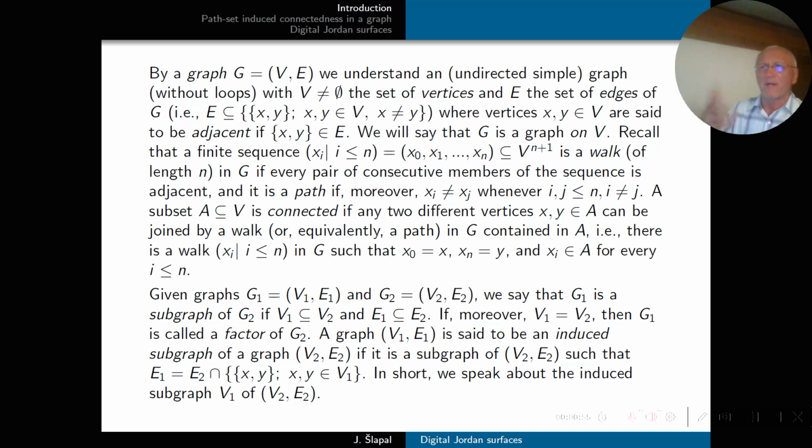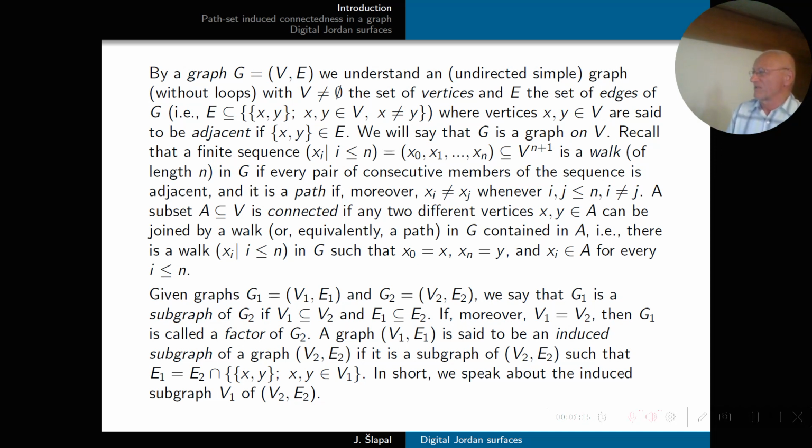The classical approach to this problem is using adjacency relations, but in this approach, we must always have at least two adjacencies, not only one. We must use one for the Jordan surface and another one for the complement. So it is a little bit inconvenient.